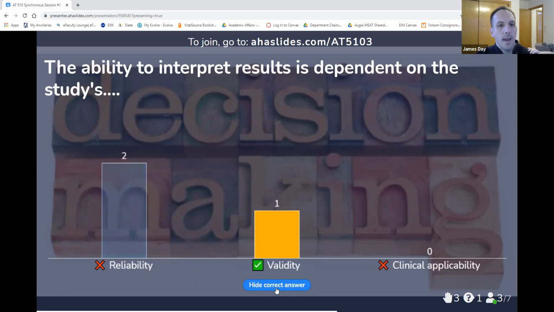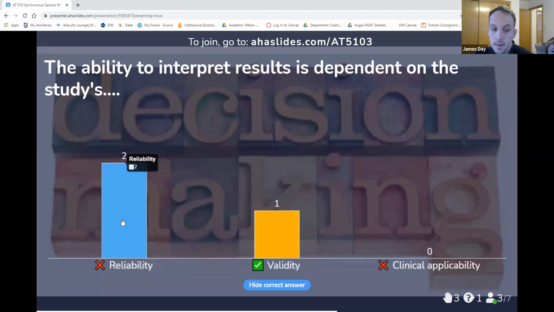All right. And the ability to interpret is the result of validity, either internal or external validity. Right? So when you think of this, think of reliability as reproducibility. Can I reproduce this?